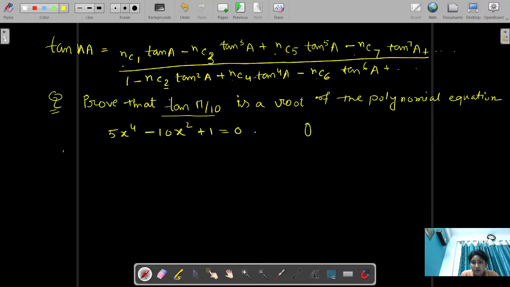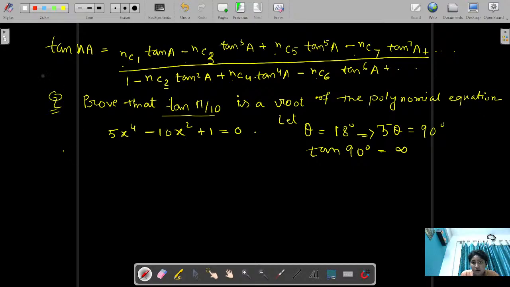It will be better for us to calculate if I take theta equals 18 degree. Then 5 theta will be equal to 90 degree, and I know the value of tan 90 degree is infinity, right?